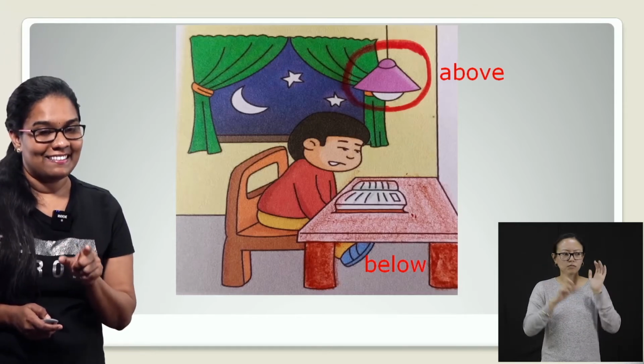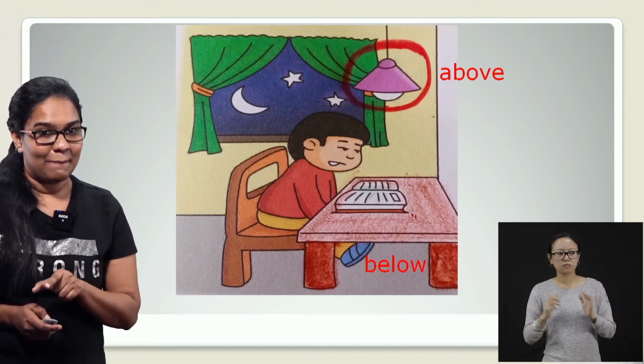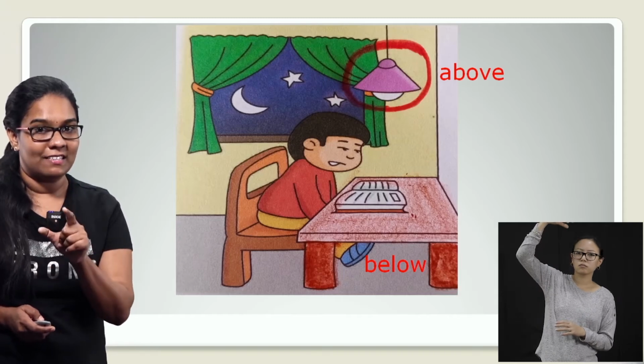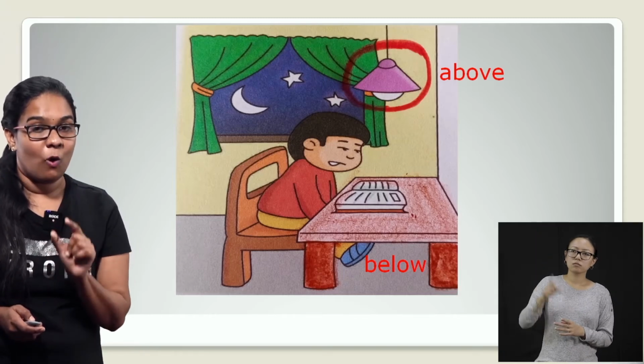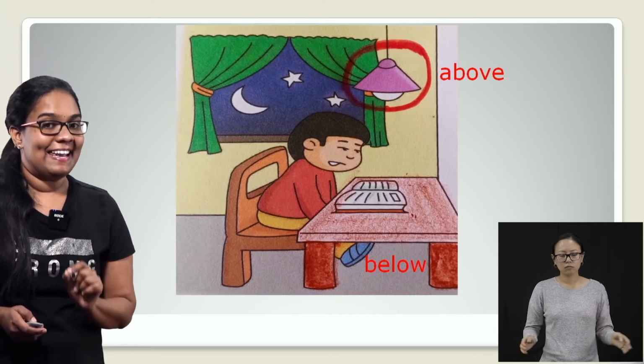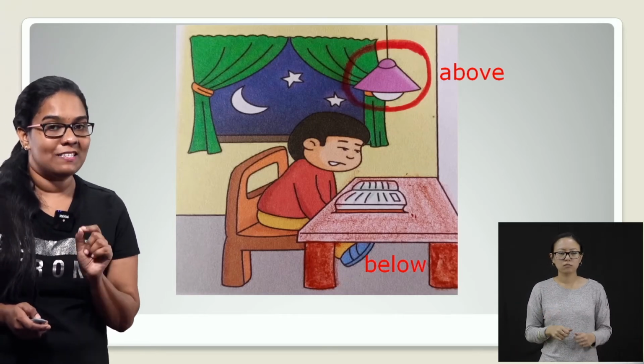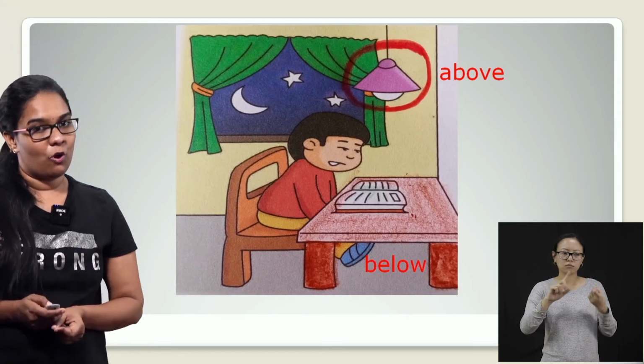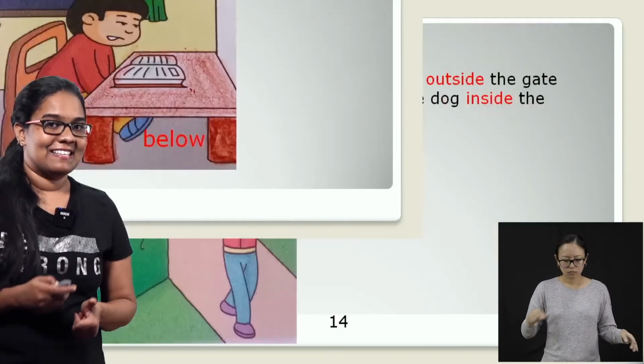Then color the table below the light. A-B-O-V-E, above. B-E-L-O-W, below. Okay? Got it?